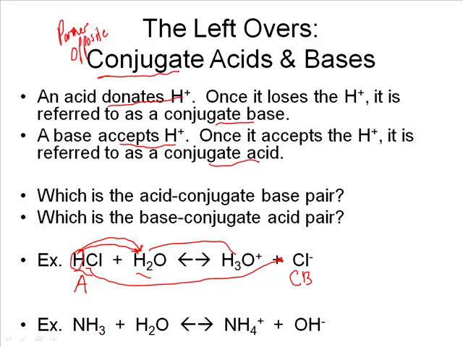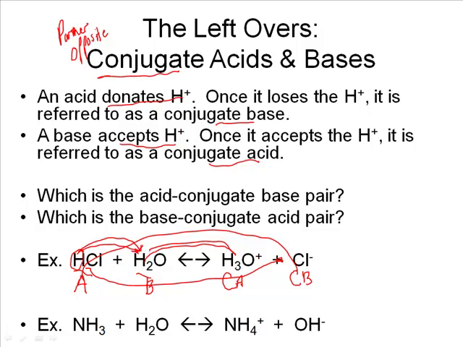So this, because it accepts, is my base, and then its partner over here, we use the word conjugate, and then it's the opposite. If it's a base on this side, it's an acid on this side. So we've got acid over here, its partner is a conjugate base. We've got base, its partner is a conjugate acid. Just a fancy word to indicate what it becomes.